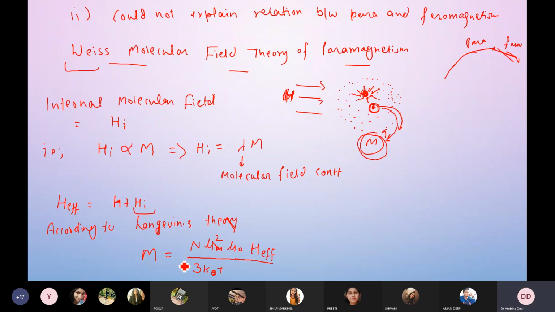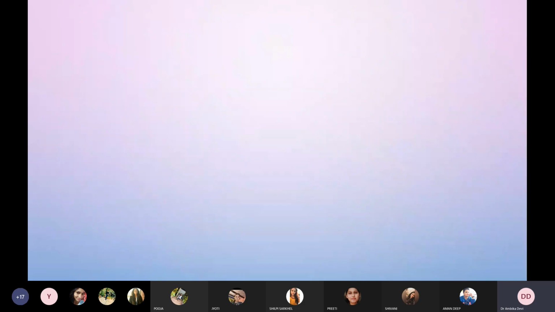Okay, so this is the magnetization, and we also know that H effective is equal to H plus Hi, so we will be substituting this value over here in this relation. So this will become M is equal to mu naught N mu M square divided by 3 kB T into H plus Hi.